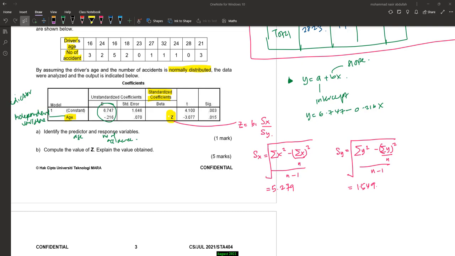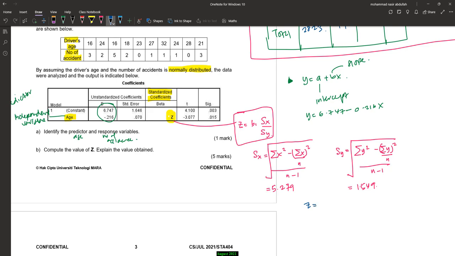So we just plug in the value into the formula lah. So formula dia yang ini, right? Beta for standardized, unstandardized multiplied with the ratio of two standard deviations. So this one should be kita kat bawah ni.